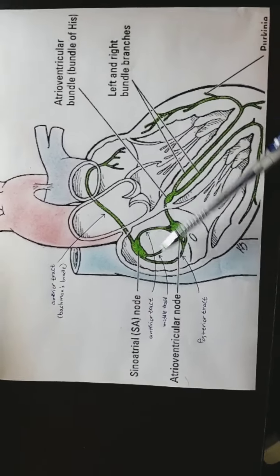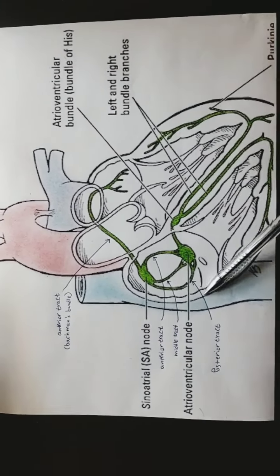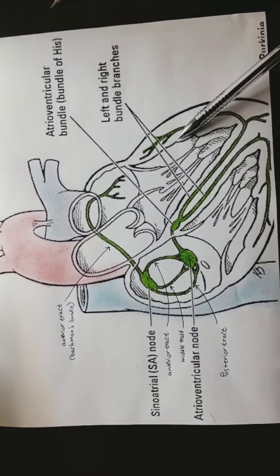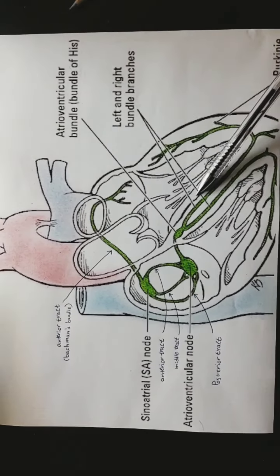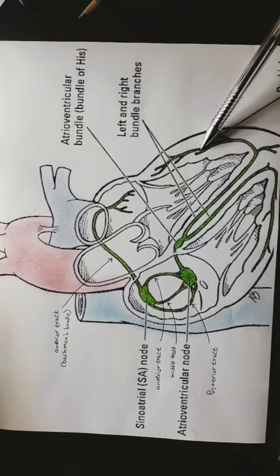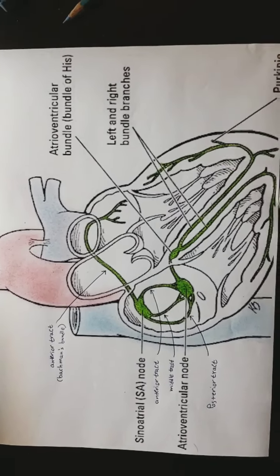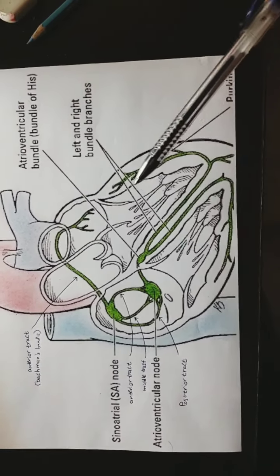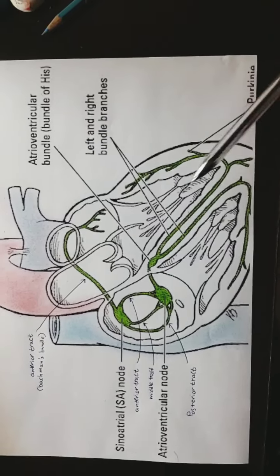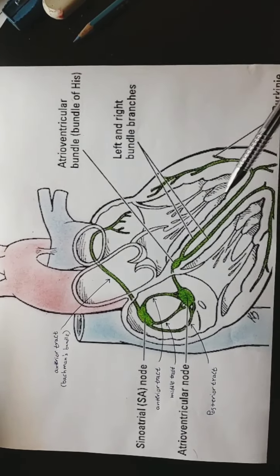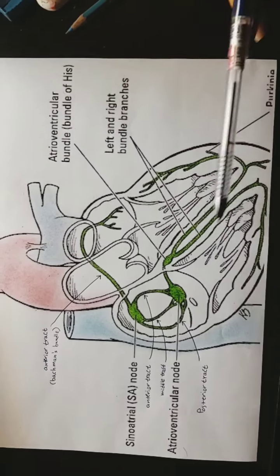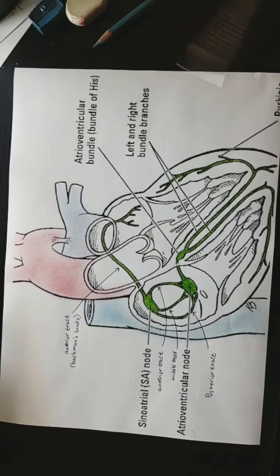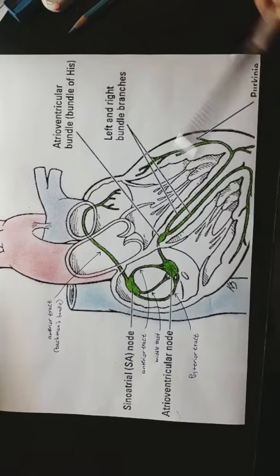But as the atria contract, they push that extra bit of blood into the ventricles. Then when the ventricles contract, after the electrical impulse is spread through those Purkinje fibers, the contraction of the ventricles will pump the blood into the pulmonary artery and the aorta. So, systole of the ventricles.